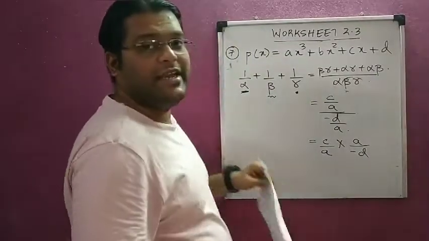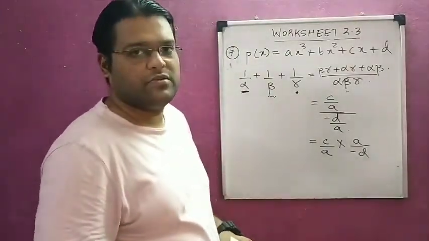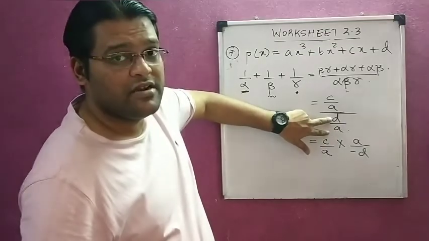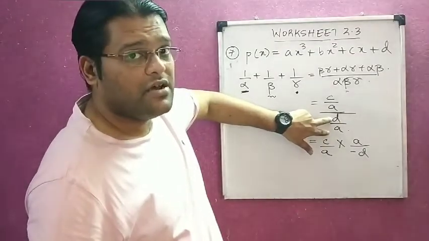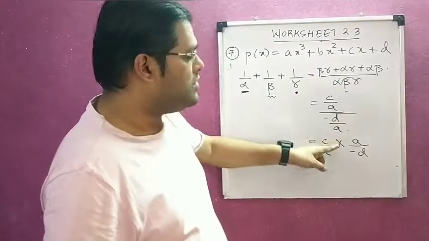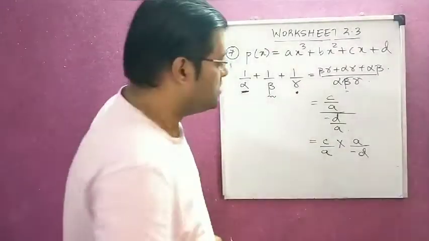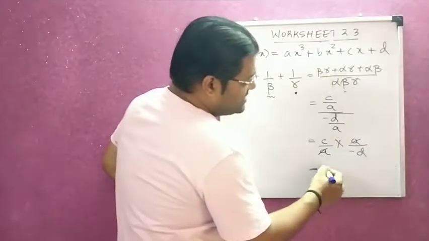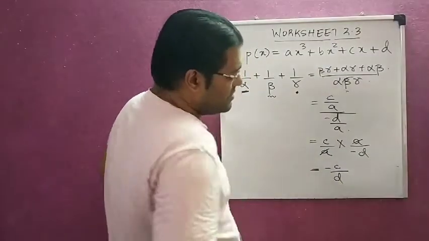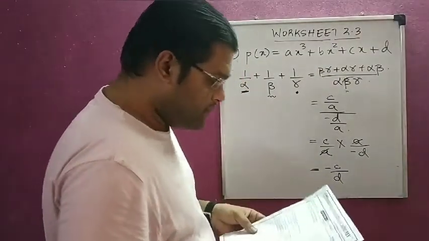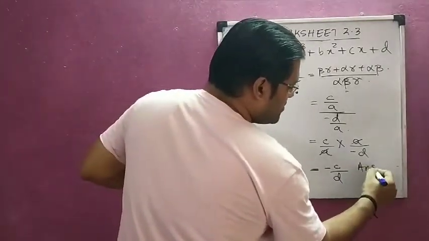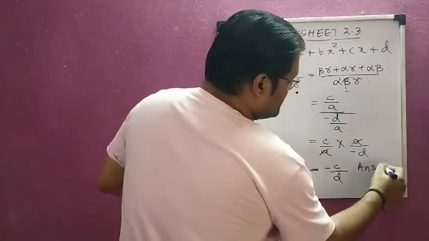That means I will write A upon minus D. Basically what we are doing is writing it as the reciprocal, but with multiplication. So A and A will cancel. What I get is minus C upon D. So since it is an MCQ, the correct option will be C.